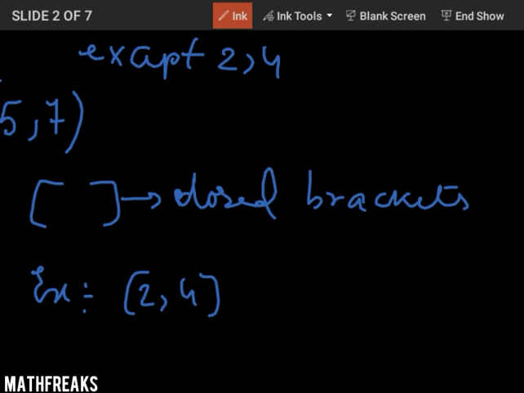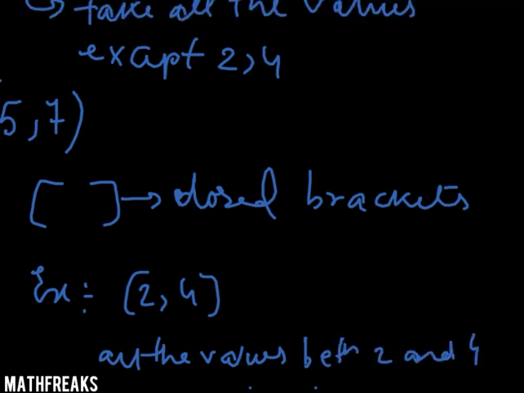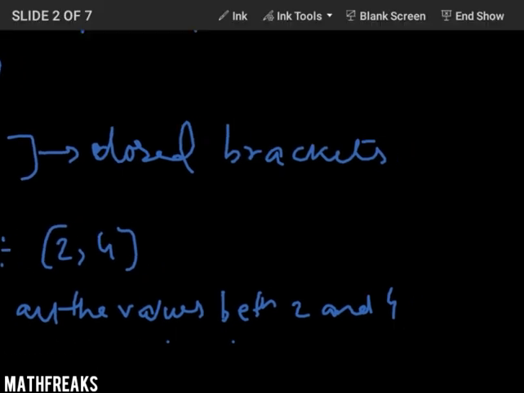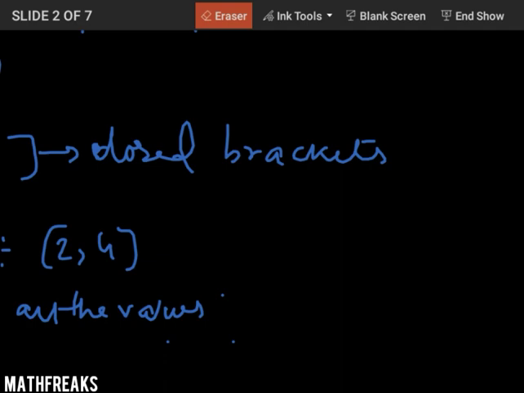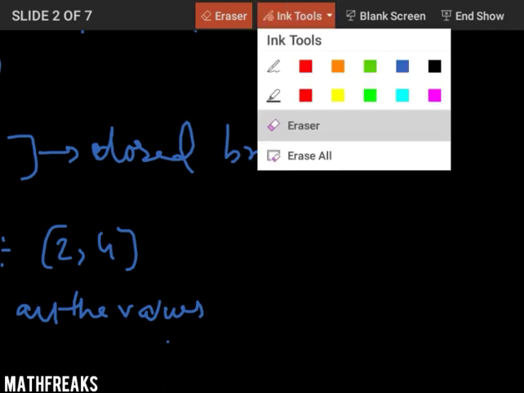This means that we have to take all the values between 2 and 4, and this time we have to include 2 and 4. So all the values between 2 and 4 including 2 and 4, or I think this would be a better sentence, all the values from 2 to 4.